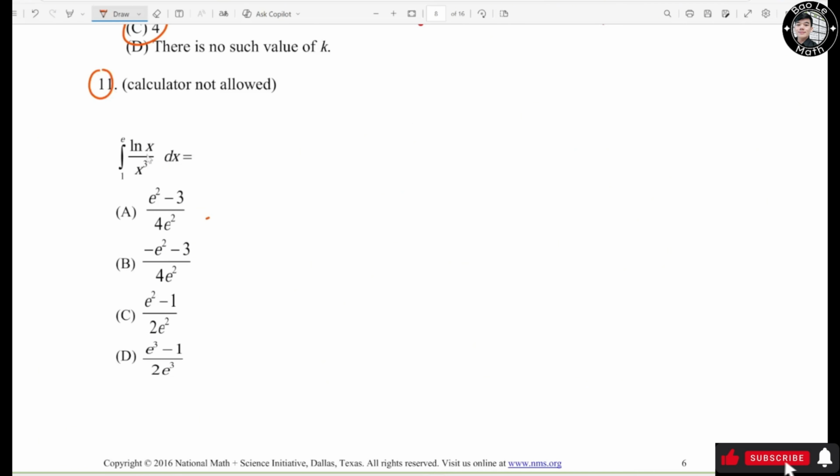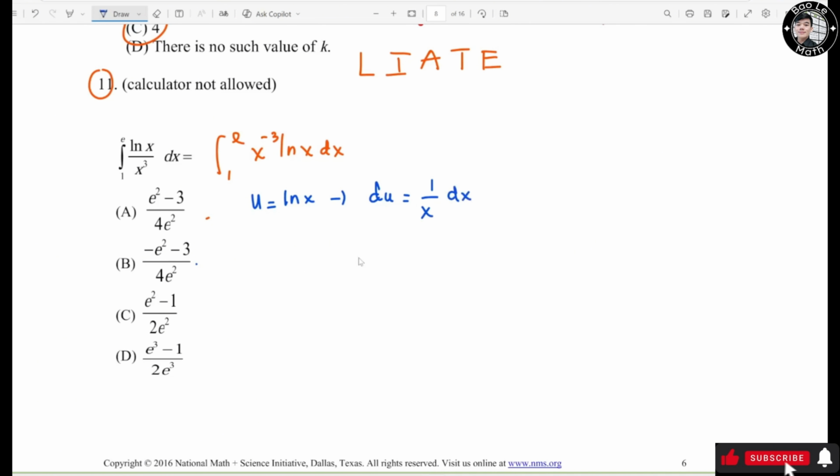Question 11. We need to find the integral from 1 to e of ln(s) over s cubed ds. This is the same thing as the integral from 1 to e of s to the negative 3 ln s ds, so we need to use integration by parts. u equals ln s, then du equals 1 over s ds. dv equals s to the negative 3 ds, then v equals negative 1 over 2s squared.